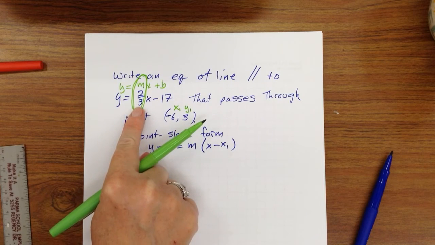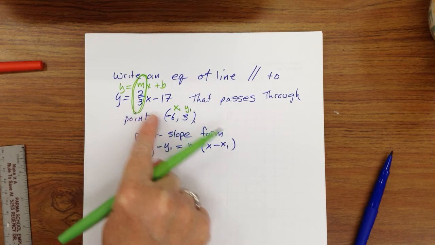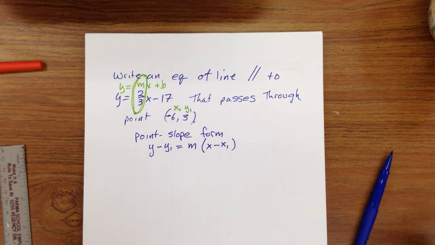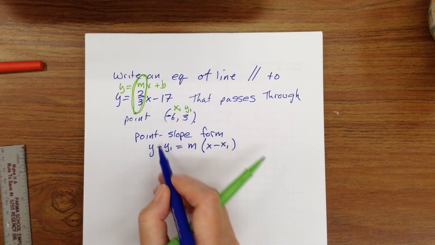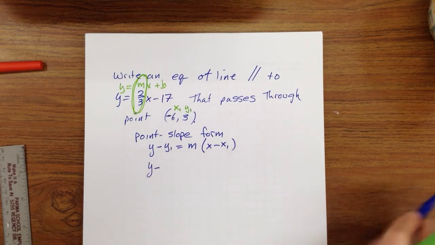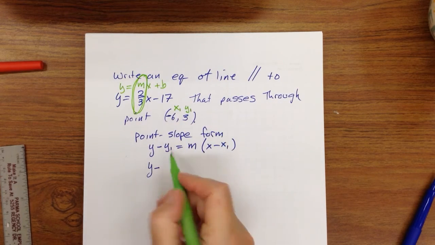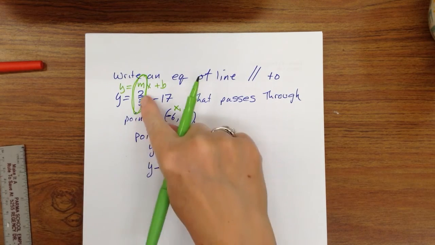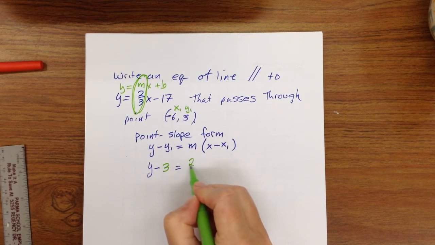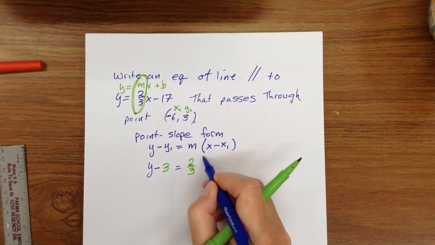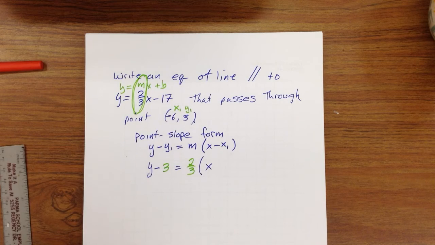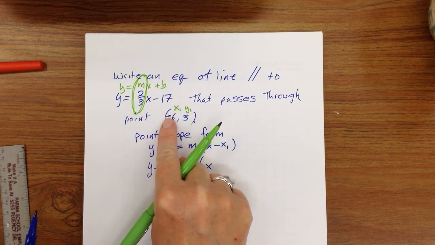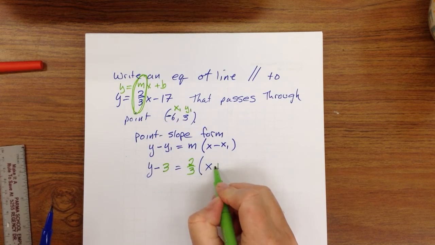And this line is in slope-intercept form, so I know the slope has to be 2/3. Point, slope. All I have to do is plug these three things into this. What? I know. Check it out. Here we go. It's y minus, fill in the y coordinate. Boom. Equals, fill in the m, slope of 2/3. Boom. Times x, now this is going to be tricky, minus negative, whoop, whoop.